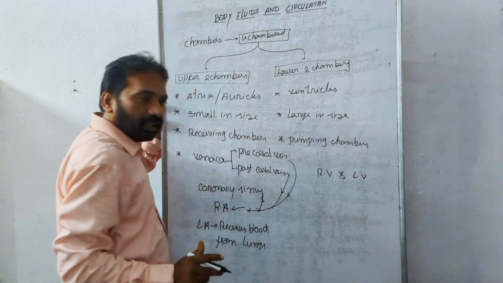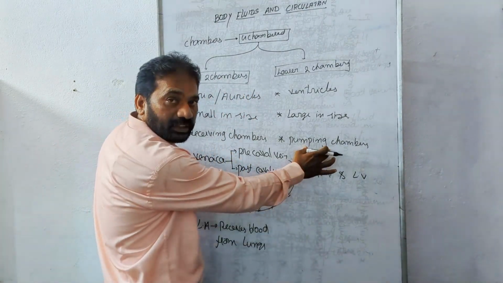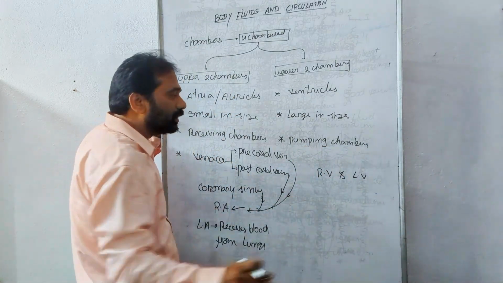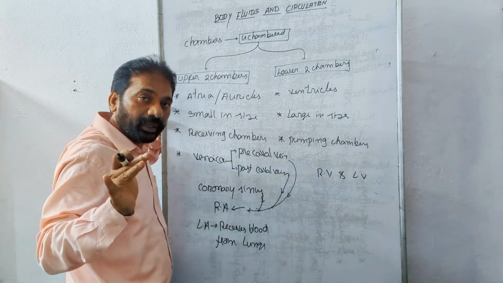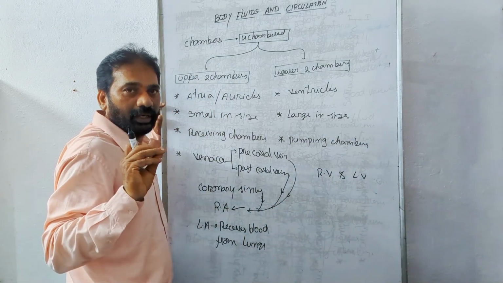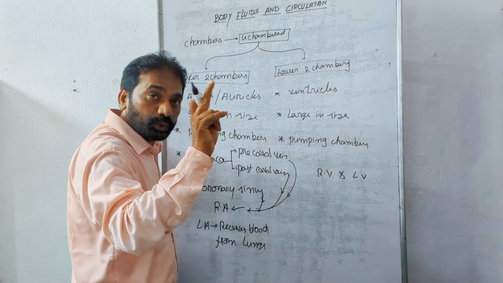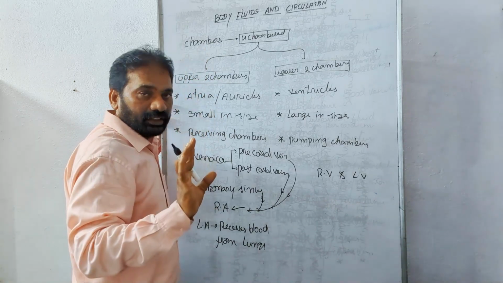Right ventricle and the left ventricle both are pumping chambers. This right ventricle pumps the blood. Which blood is pumping? That is deoxygenated blood. This deoxygenated blood is pumped through the pulmonary artery to lungs.